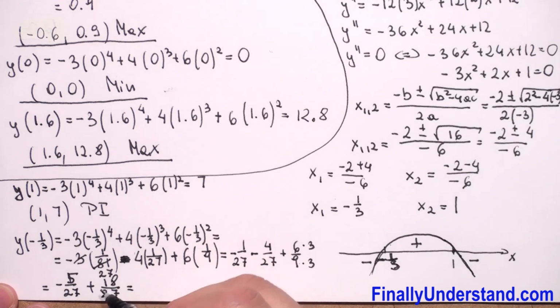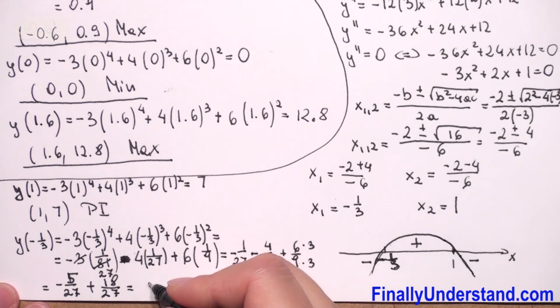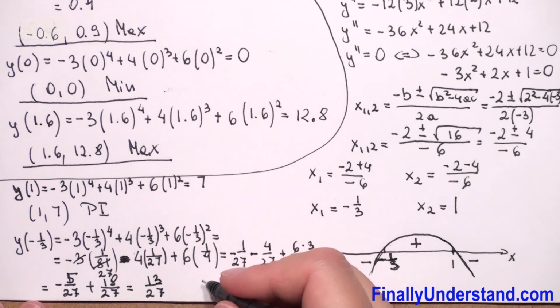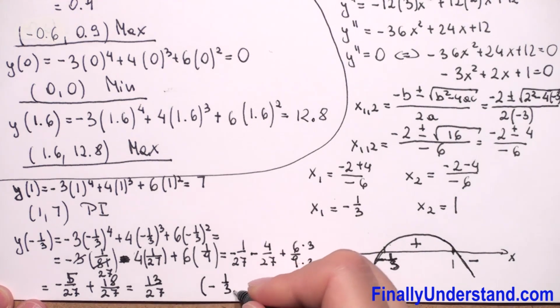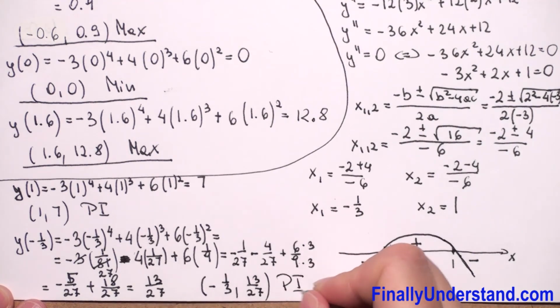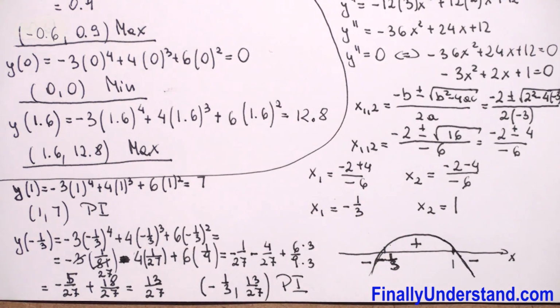So 18 minus 5 is 13/27. So we have the second inflection point, negative 1/3, 13/27. This is our second inflection point. This is my solution.